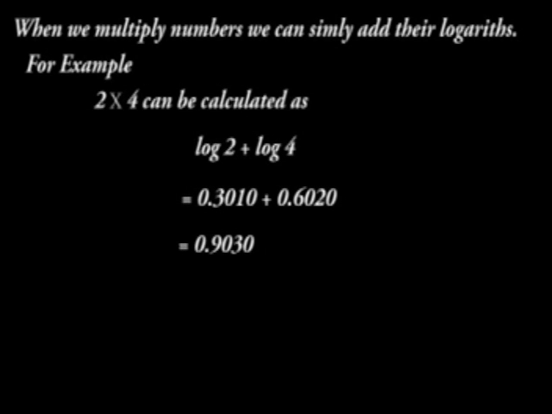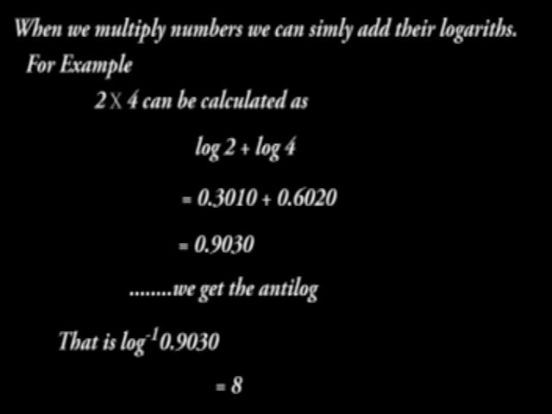Now, to get the actual number, we get the antilogarithm of our answer, that is, antilog of 0.9030, which is 8.